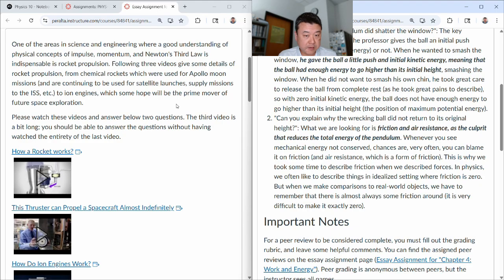The following 3 videos give some details of rocket propulsion, from chemical rockets, which were used for the Apollo moon missions, and I guess now the Artemis moon missions. We are still using chemical rockets, and they continue to be used for satellite launches, supply missions to the International Space Station, etc., to ion engines, which some hope will be the prime mover of future space exploration.